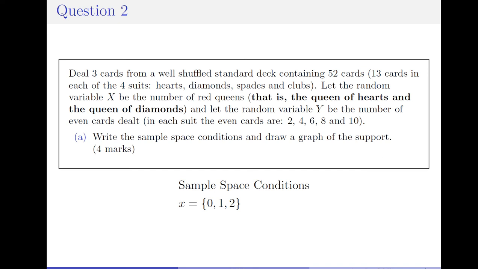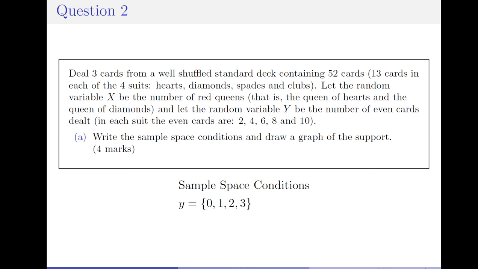Now we need to consider y. Now we're told for y that it's the number of even cards dealt. 2, 4, 6, 8 and 10 are all even cards. So that's 5, and there are 4 suits. So there's a possibility of 20 even cards. However, we're only dealing 3 cards from the deck.